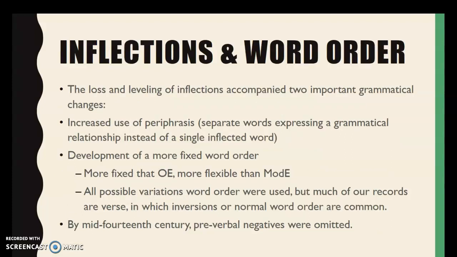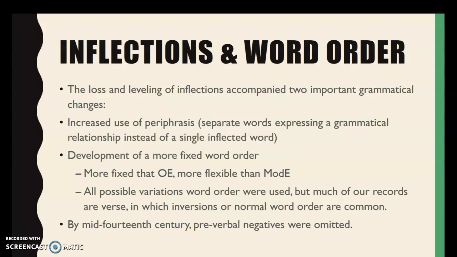So, two important changes happen when English stopped using as many inflections. First, the increased use of periphrasis, which means that instead of communicating a lot of information in a single word's inflection, we're now relying on separate words that express grammatical relationship. And two, the development of a more fixed word order.